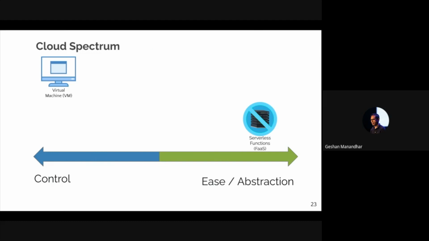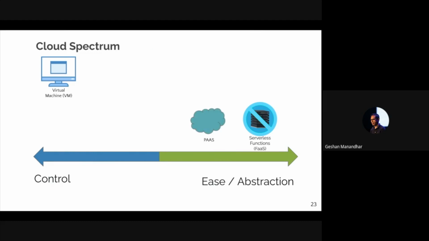But with virtual machines, there was a lot of control. You could slice the machines as you wanted. You could go into the machine and do whatever you want. But compared to that, with serverless functions, you basically throw code over the wall to the cloud providers, and they run it. You can't really go into that machine and do any configuration. Basically, you send your code, let them run it, and most of the time you don't have to worry about it.